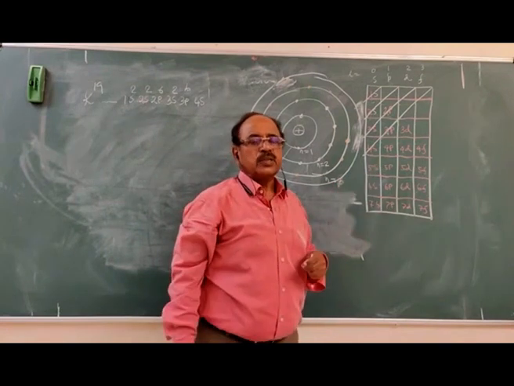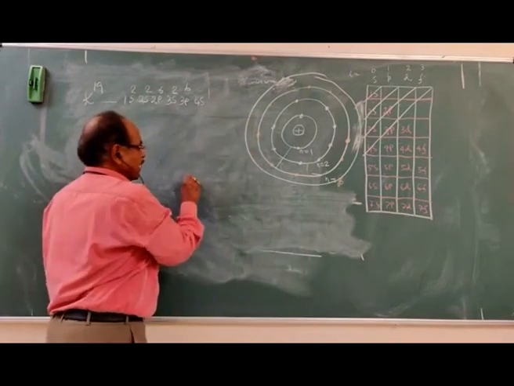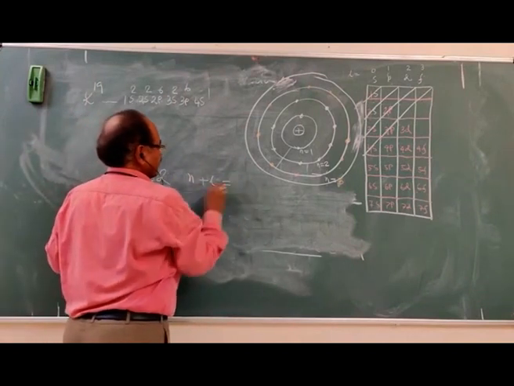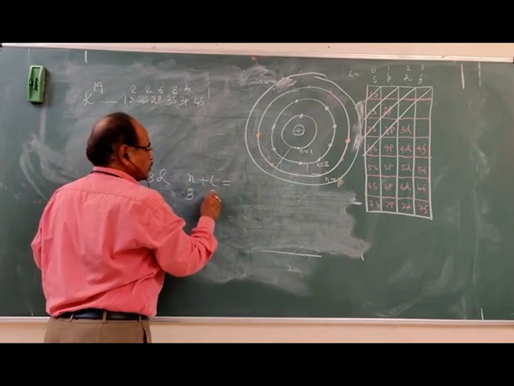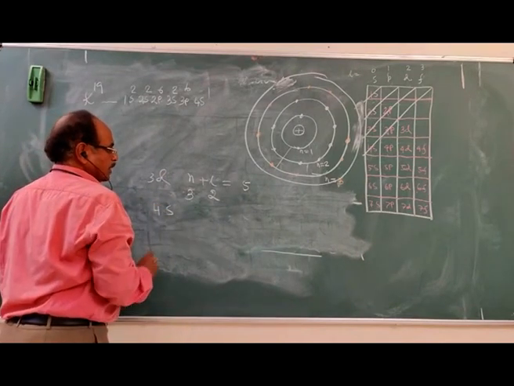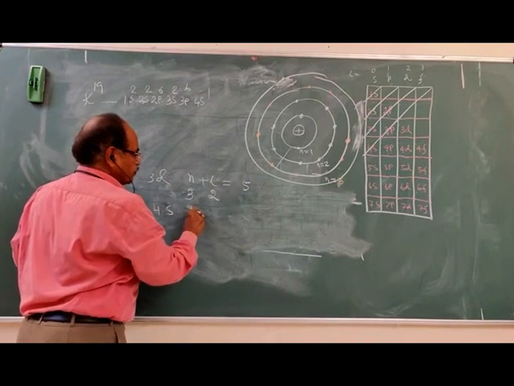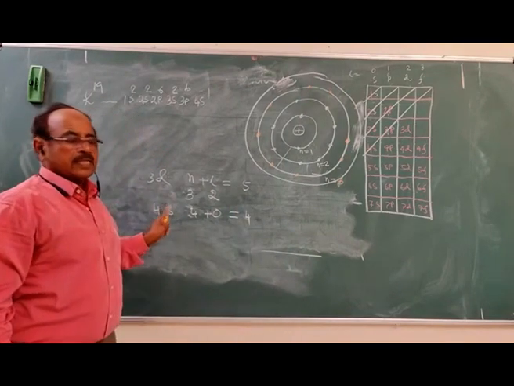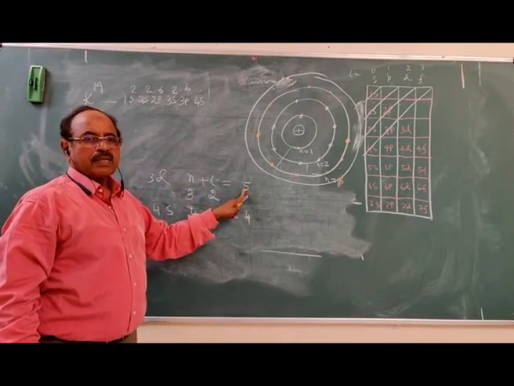Because I taught you while teaching the above principle: the n plus l value of 3d is 5, with n being 3 and l being 2. And for 4s, n is 4 plus 0, this is 4. So n plus l of 4s is 4, n plus l of 3d is 5.